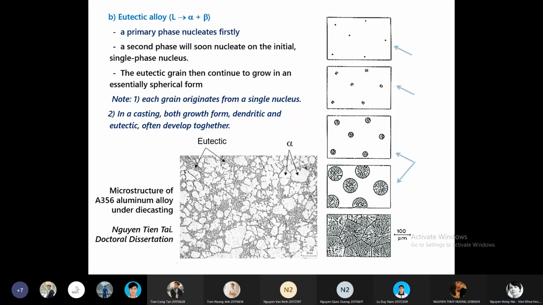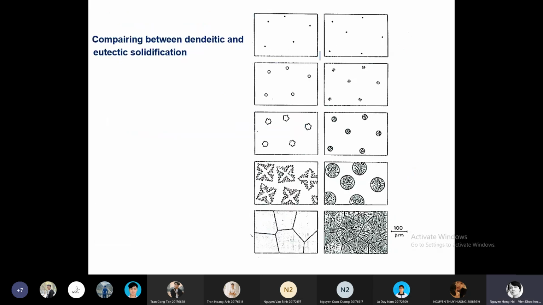We can see both forms of the solidification texture in one specimen. You can compare between the dendritic and eutectic solidification. Here it is dendritic, here also eutectic solidification.